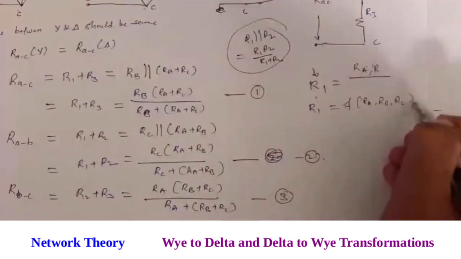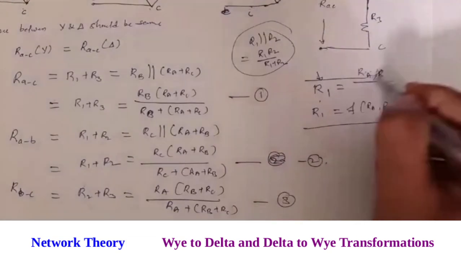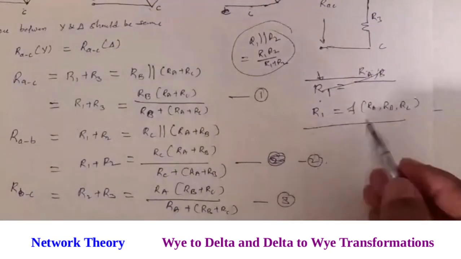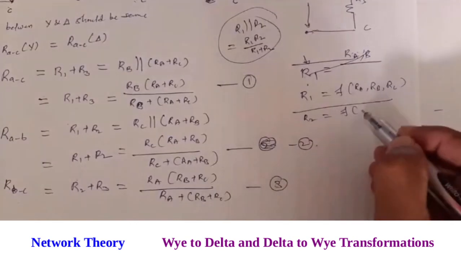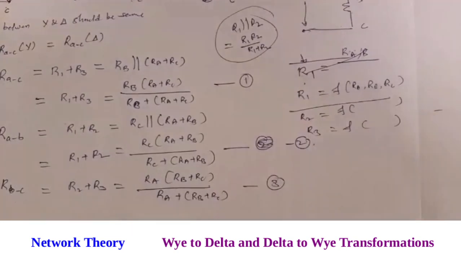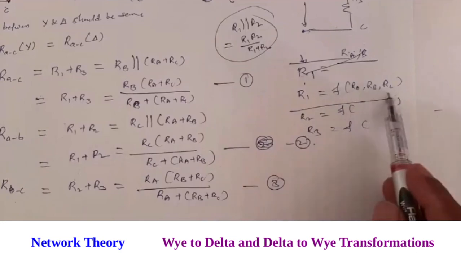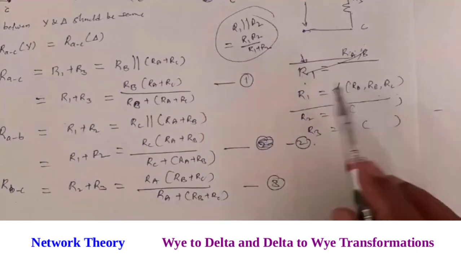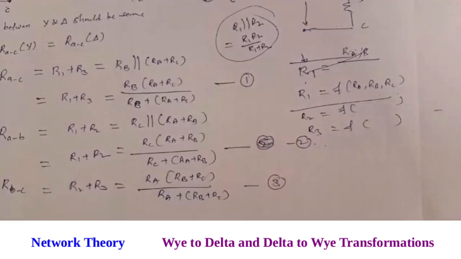Similarly, R2 should be some function of these three, and R3 should also be some function of these three resistors. So that if I know RA, RB, RC of a delta network, I can find R1, R2, R3 of a Y network.